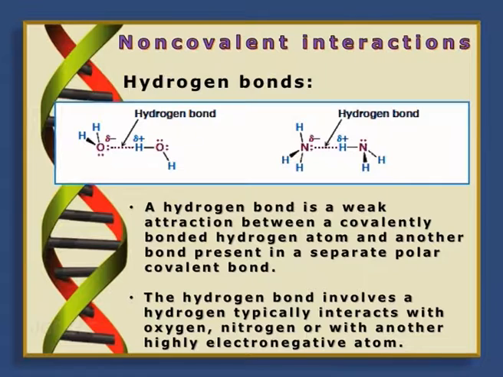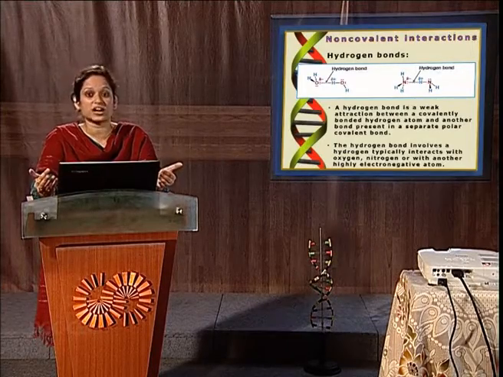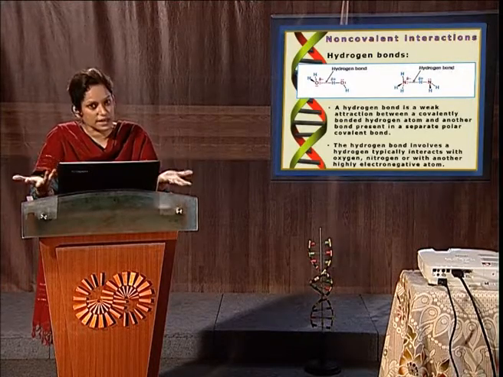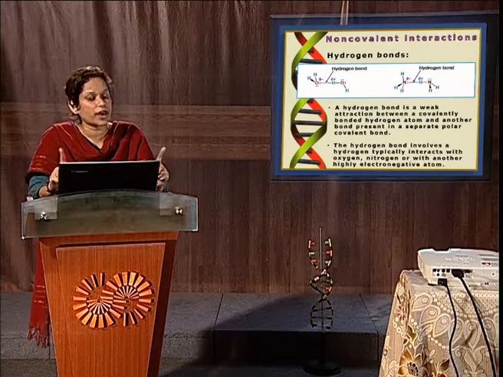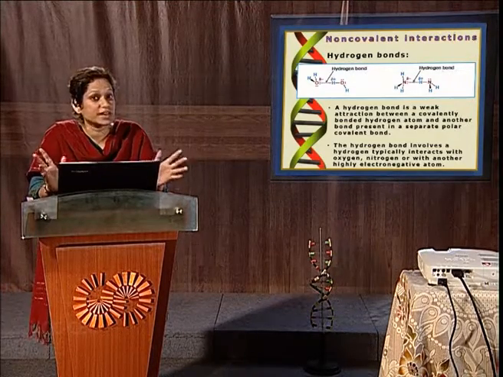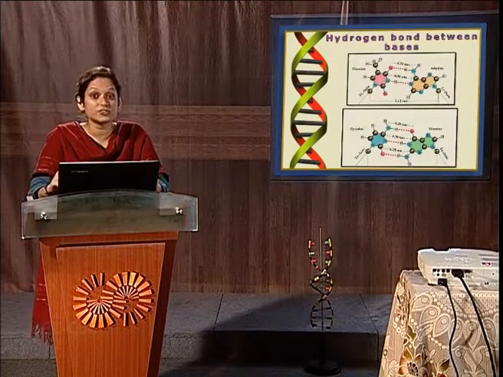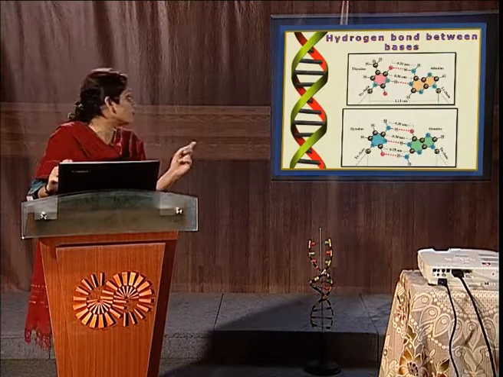As a result of hydrogen bond interactions, the DNA structure becomes stabilized, and even the secondary structures of RNA become stabilized. What else? It also contributes to one of the very important features of nucleic acids, that is, the specificity of base pairing.